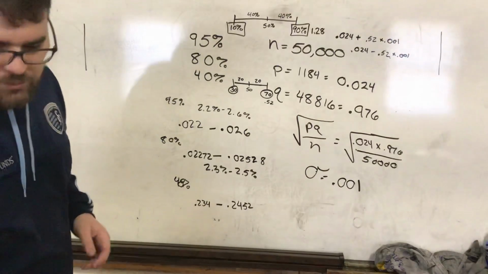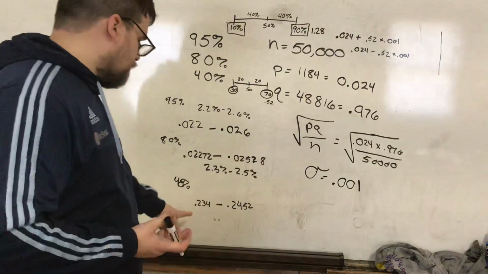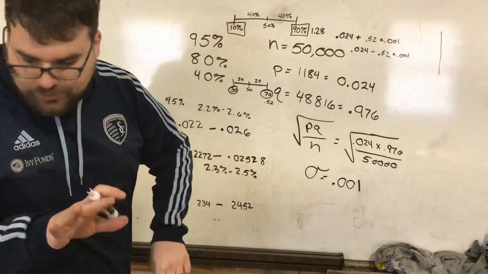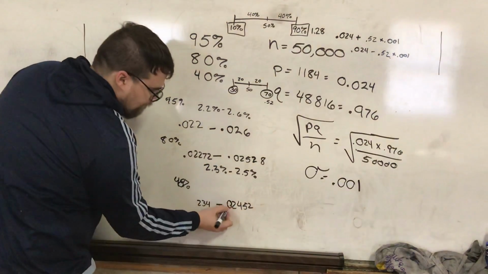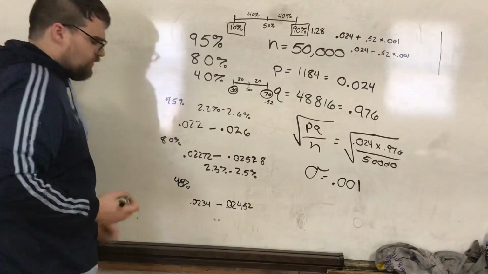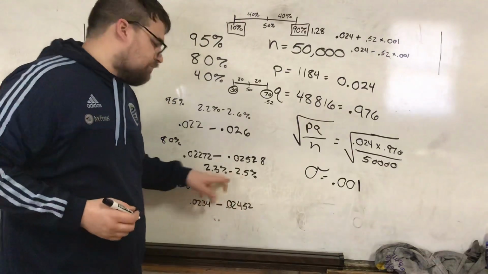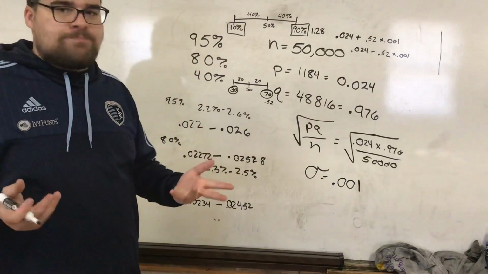So, if we were to round this, I forgot zeros in front of these, my bad. If we were to round this, we would get 2.3 to 2.5, exactly like what we had up here.